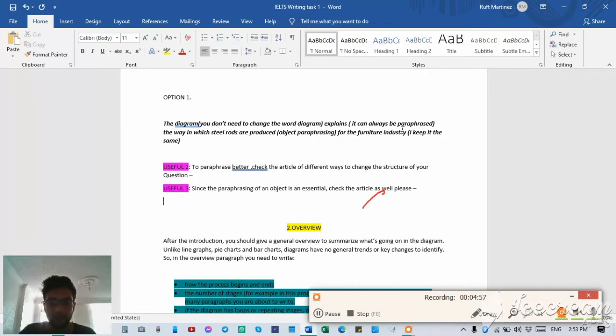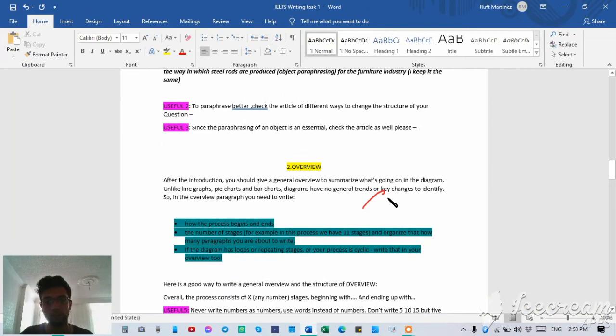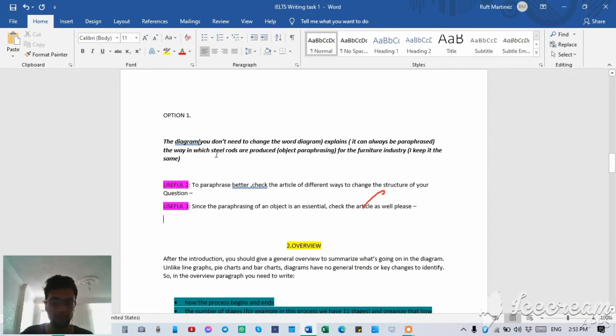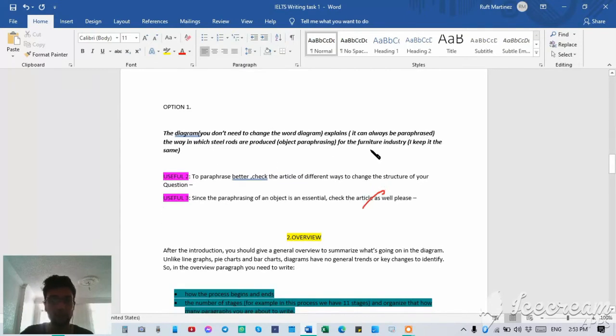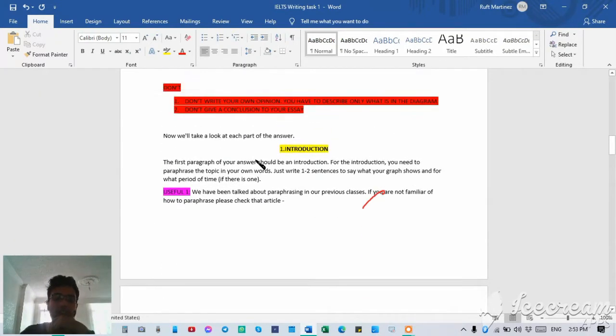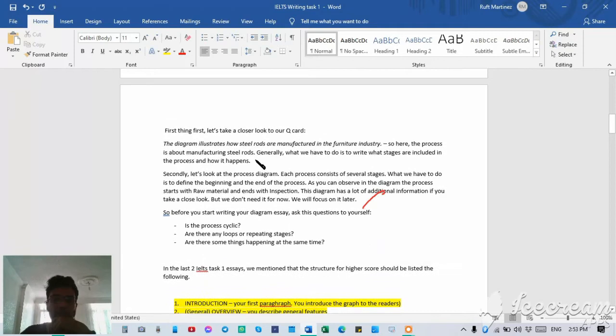And also, when it comes to the object, I'm going to teach you in the next class that you can use it for any sort of task 1 or task 2 in IELTS. As you can see here, it was: how steel roads are manufactured.